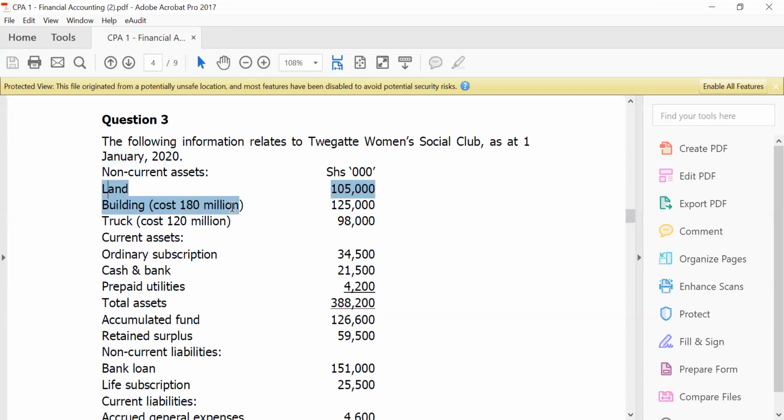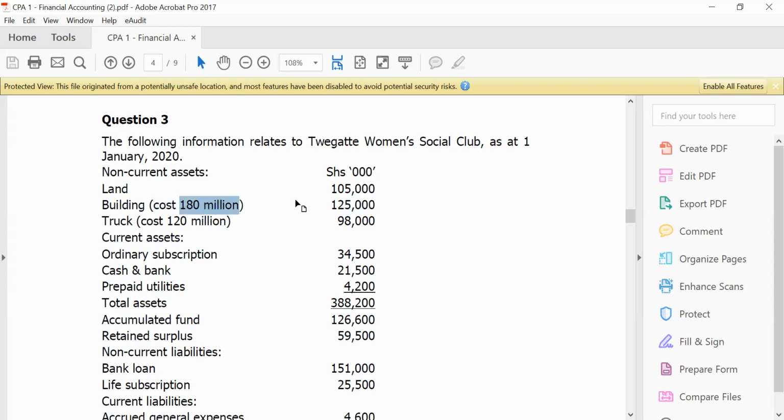They have given us land. Land, we know, is a non-current asset that doesn't depreciate. They have given us a building, where we can see a cost of 180 million and then 125 million.